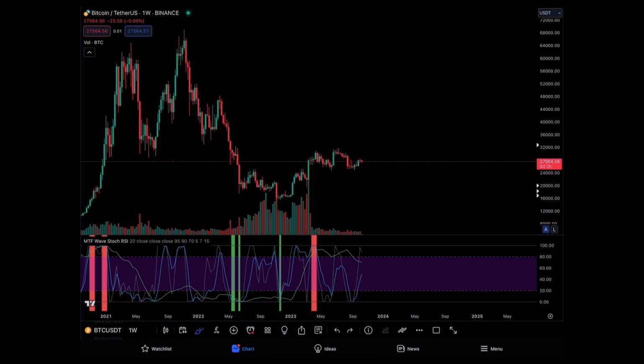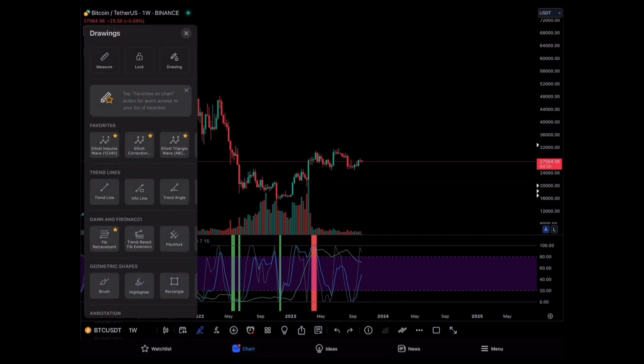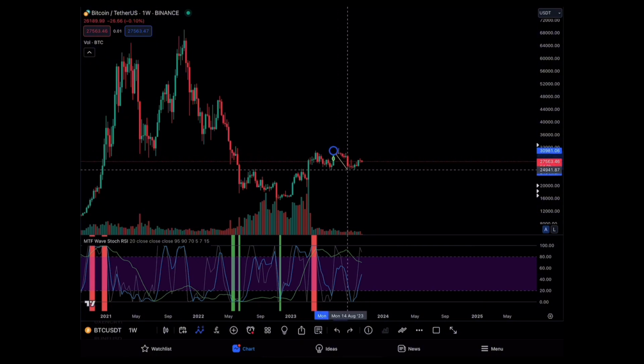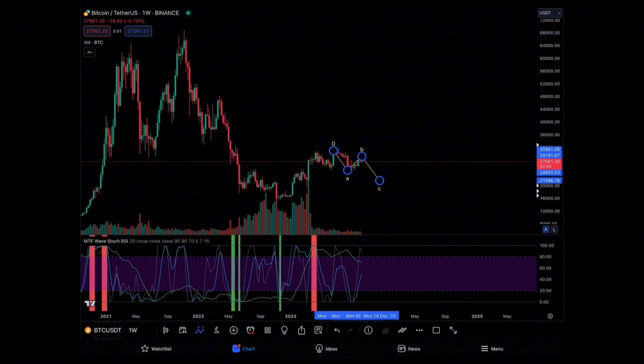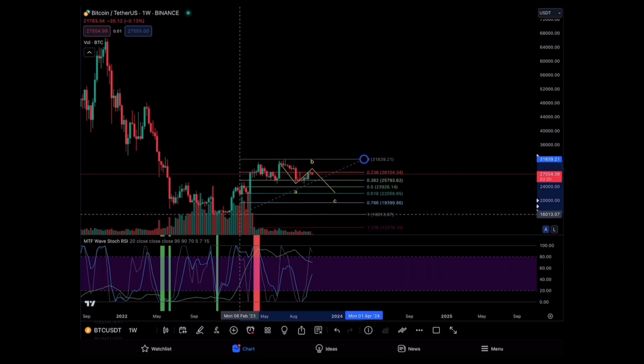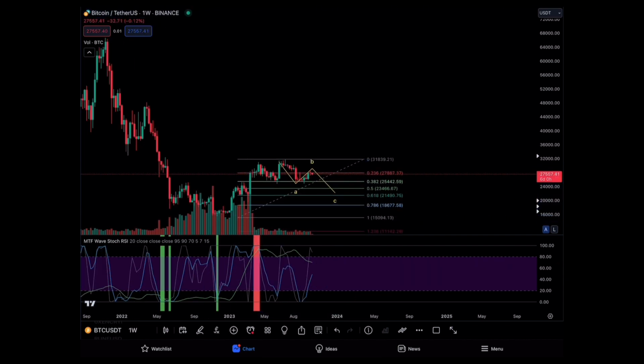Let me just draw it here. Like an A, B, and then C. This was also similar to the count of my friend and partner in the group. And as you can see, this is currently looking like it already had peaked, and now it's gonna probably be somewhere between the 20 and 22k range.